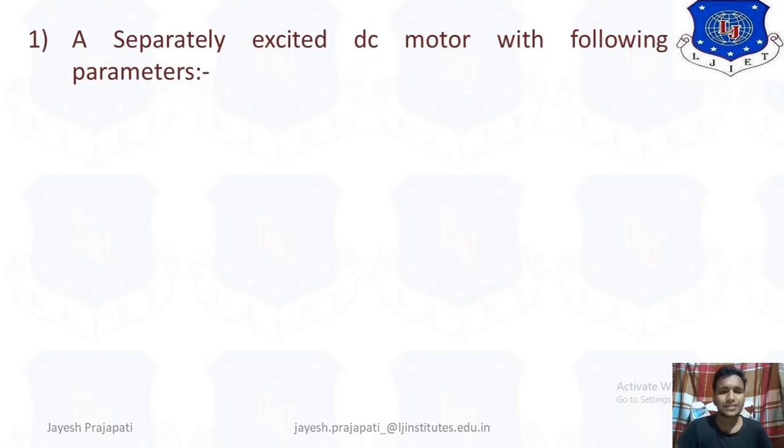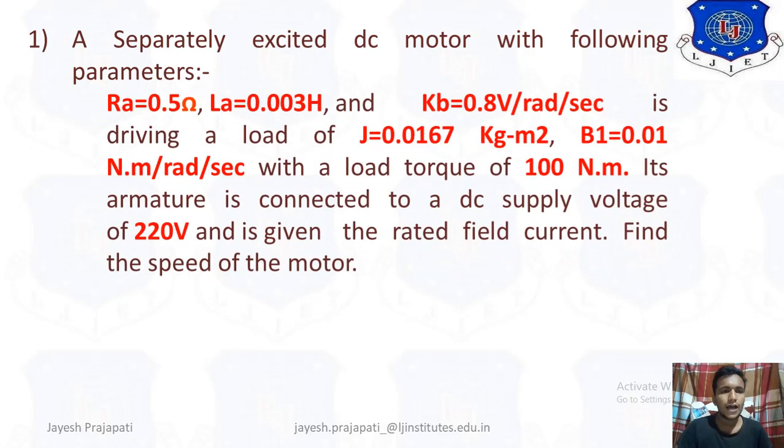So let us start with example number 1. A separately excited DC motor with the following parameters: RA is equal to 0.5 ohm, LA is equal to 0.003 Henry, and KB is equal to 0.8 volt per radian per second, is driving a load of J is equal to 0.0167 kg meter square, B1 is equal to 0.01 Newton meter per radian per second with a load torque of 100 Newton meter.